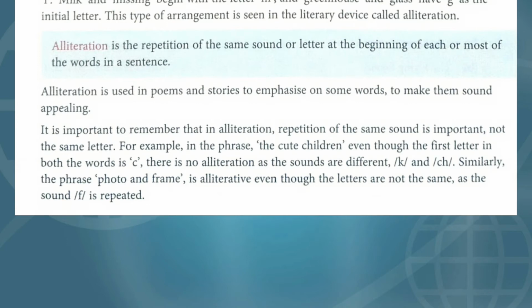That's why cute children is not considered alliteration. But look at another example, photo and frame. In photo and frame, the spelling is different, the letters are different, but the pronunciation is the same, f. So this phrase is considered alliteration, even though the letter is not the same in the beginning.